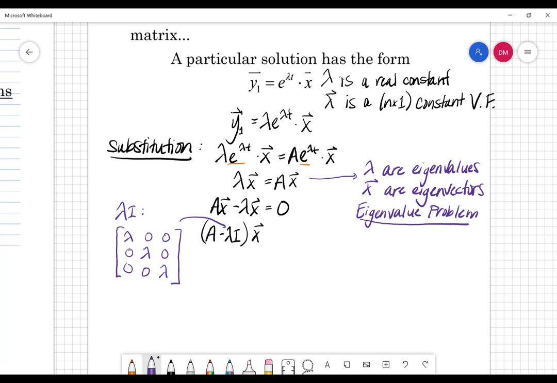And if this is my eigenvalue equation, in order to solve for x, what we really want to do is take what we have here and find the determinant of A minus lambda times the identity matrix. This is why we get this into matrix form by multiplying by the identity matrix, so that we can do the subtraction and then find the determinant. And we're going to set that determinant equal to 0.